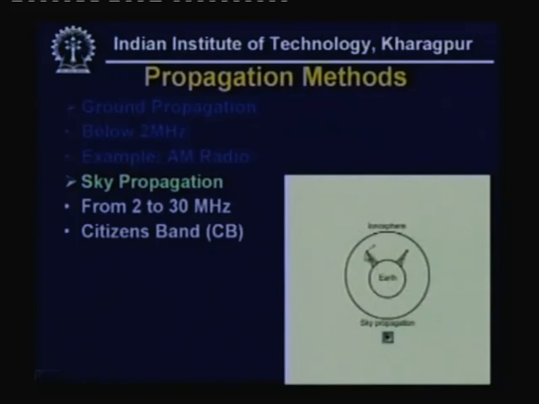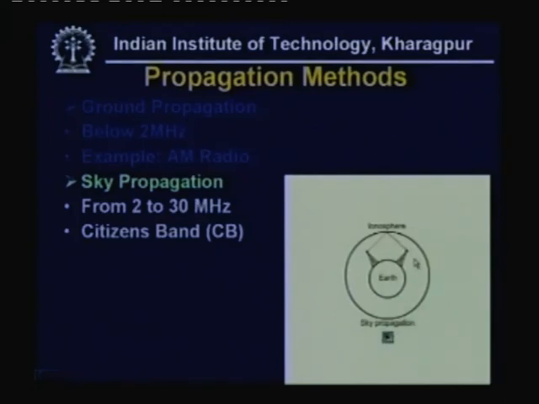Let us see how it happens. As you can see, the wave signal is propagating, and it is reflected back by the ionosphere, and it is received by the antenna. So the signal gets reflected by the ionosphere and comes back to the receiving antenna.